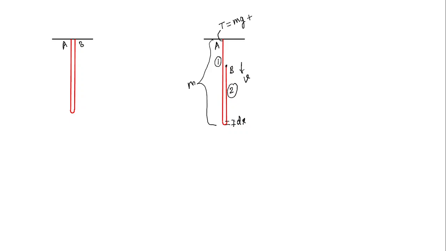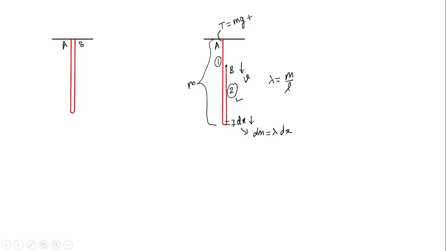That means this dx is also falling down with velocity v as long as it is part of branch 2. This dx will have some mass dm. dm will be lambda dx, where lambda is the mass density of the rope, that is m upon L.